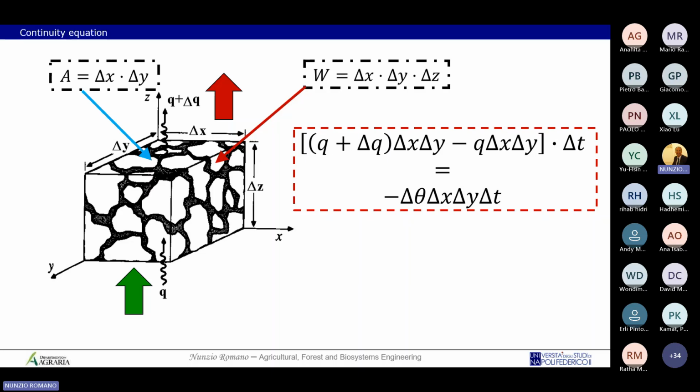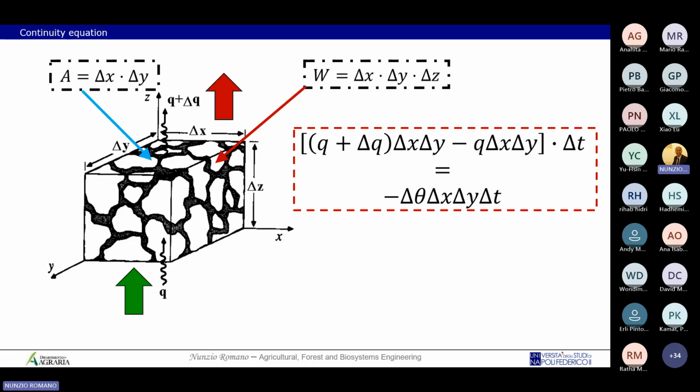But this is the volume, the discharge, so the volume per unit time. So we have also to multiply this by delta T. So delta T is the interval of time that requires water to enter and to exit from this control volume.